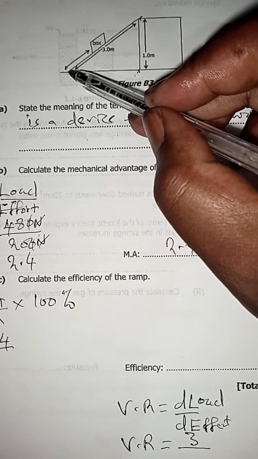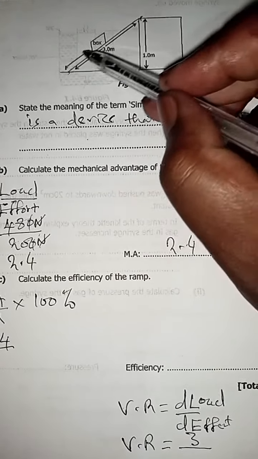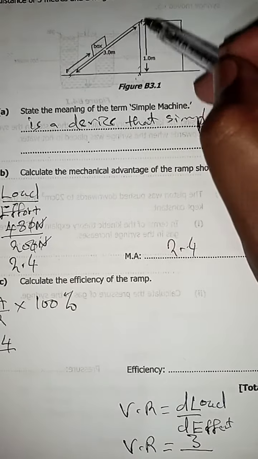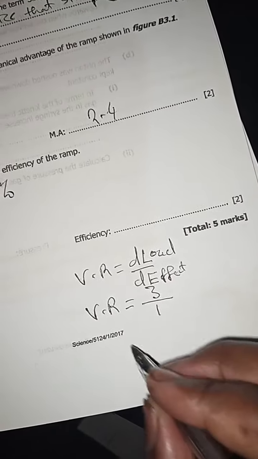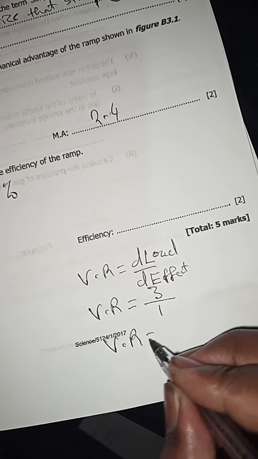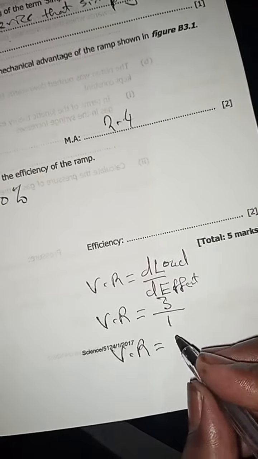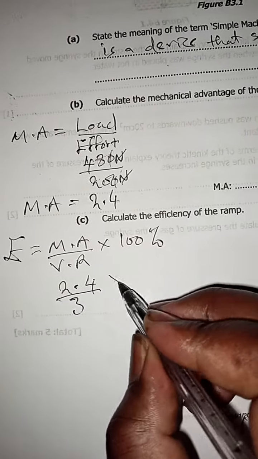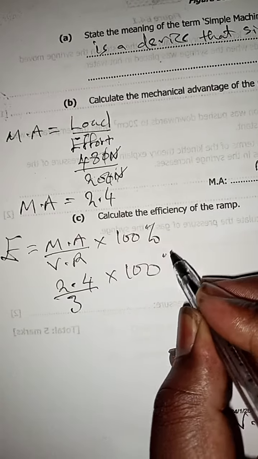The distance moved by effort is just 1 meter. So my velocity ratio is 3 to 1, that's 3. So that's my velocity ratio.